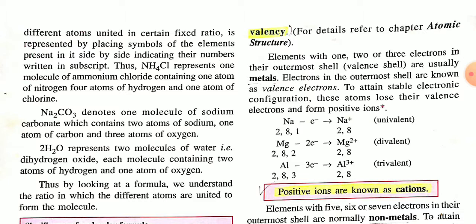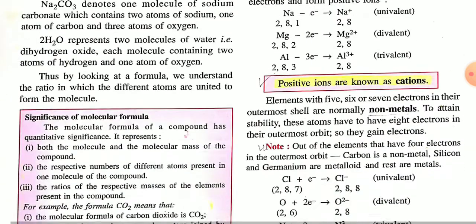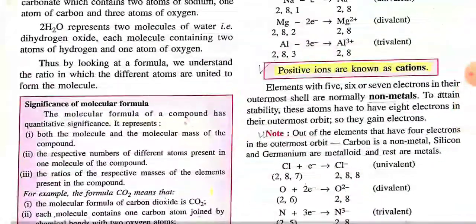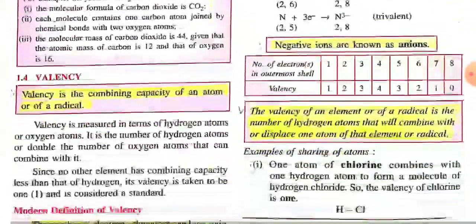And non-metals like oxygen, fluorine, chlorine, and sulfur generally form anions by gaining one or more electrons. So cations are positively charged ions and anions are negatively charged ions.